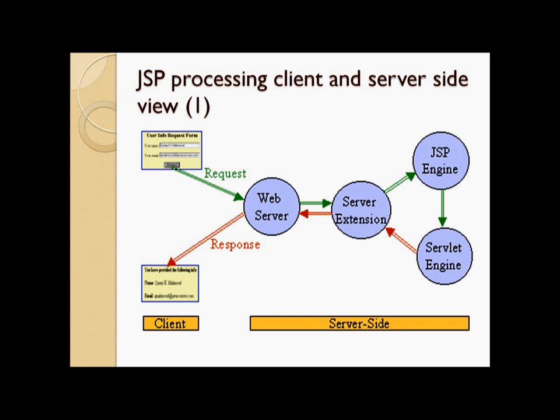If the data is present, fetch the specific data from the database and return it to the web server, and then the web server is responsible for sending the data, that is the response, to the client in the appropriate format which can be viewed by the client.